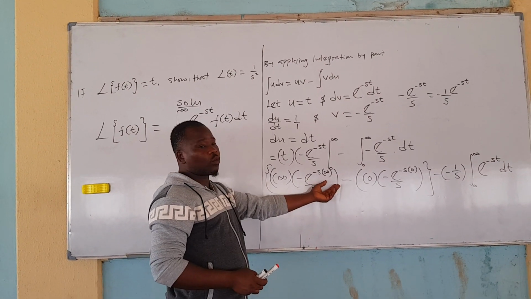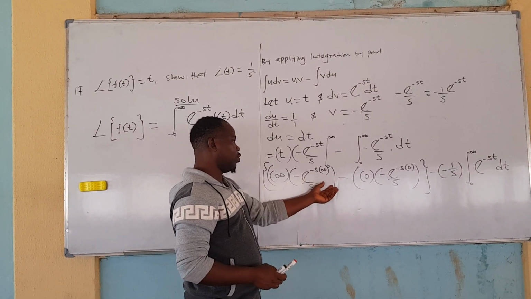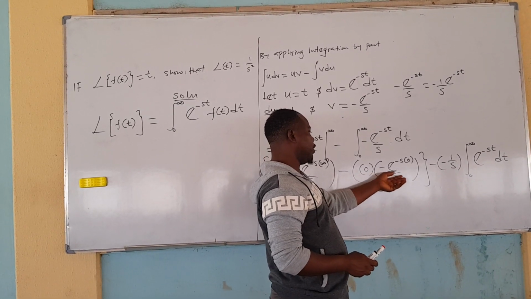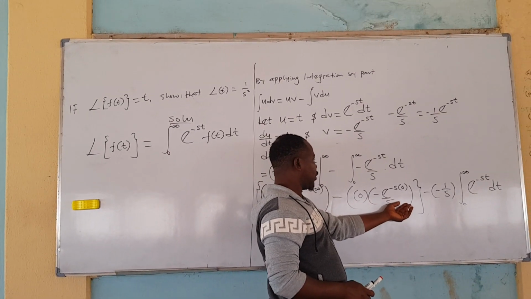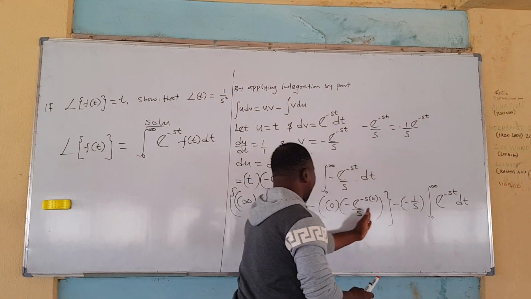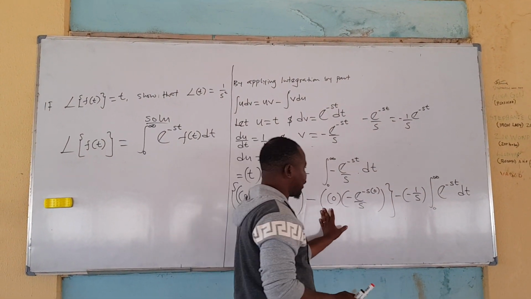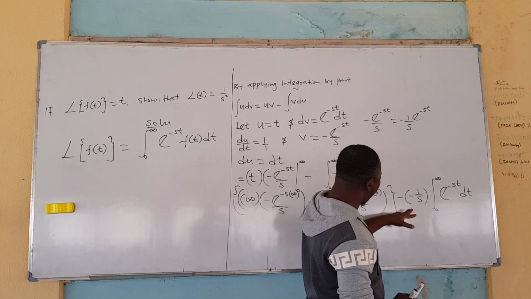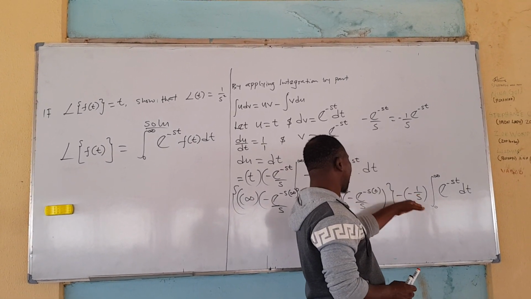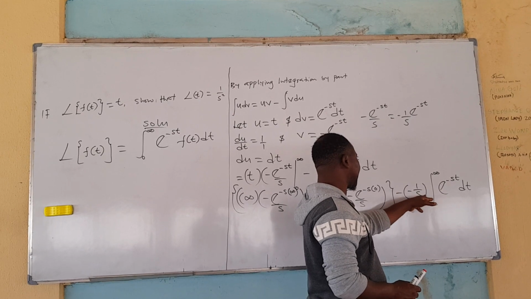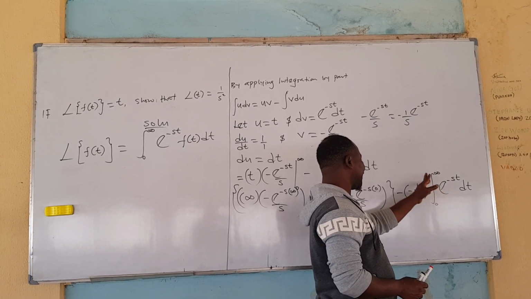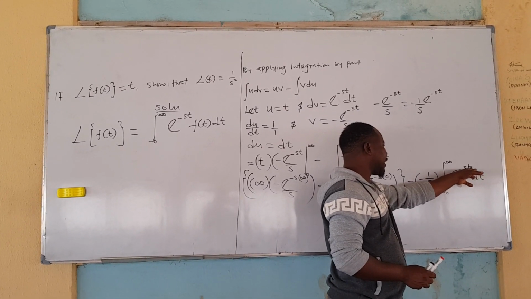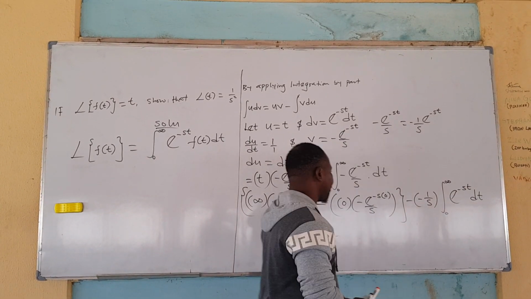Without one telling you, this one will be 0, and this one too will be 0. So this left hand side bracket is 0. We want to work with only minus, all in bracket minus 1 all over s, close bracket, integral 0 to infinity, exponential minus st dt.